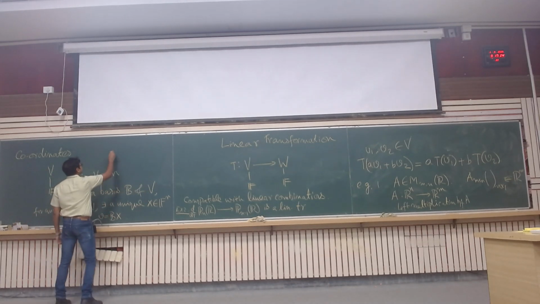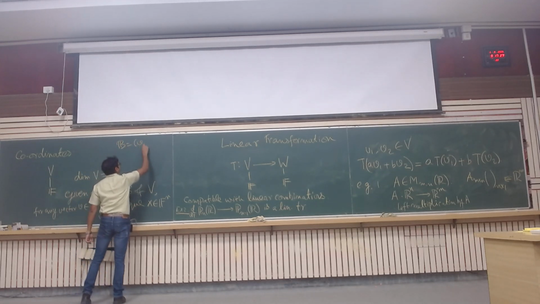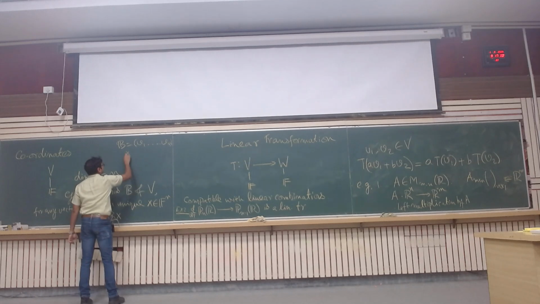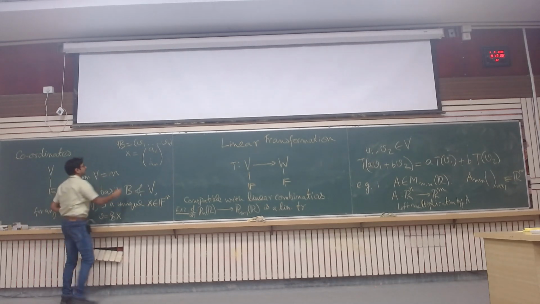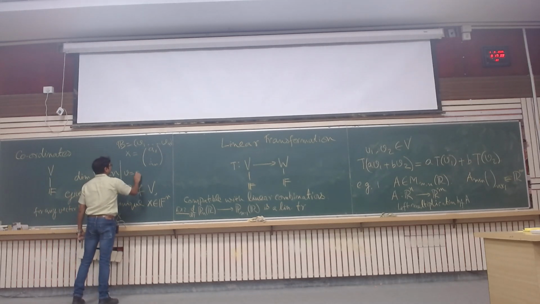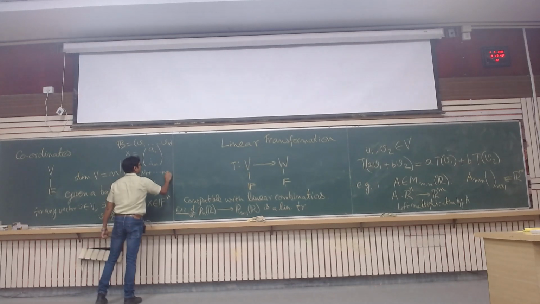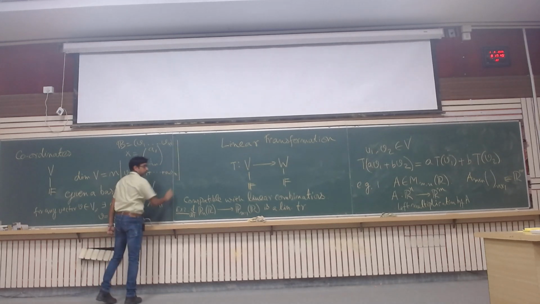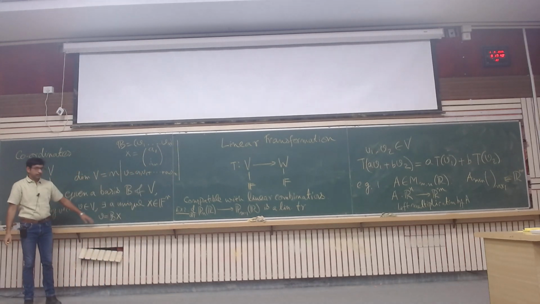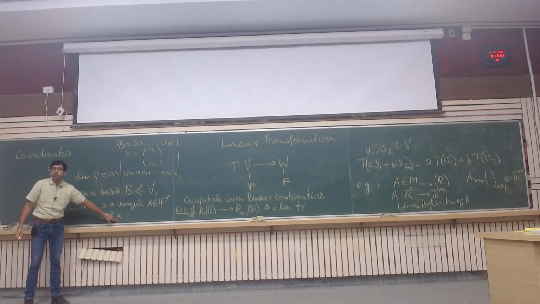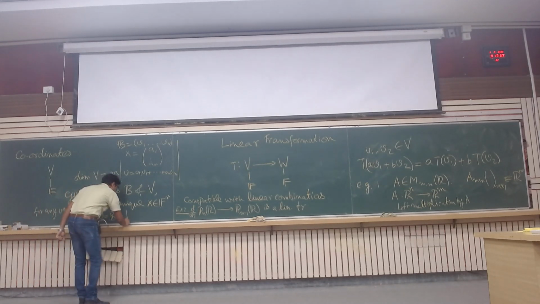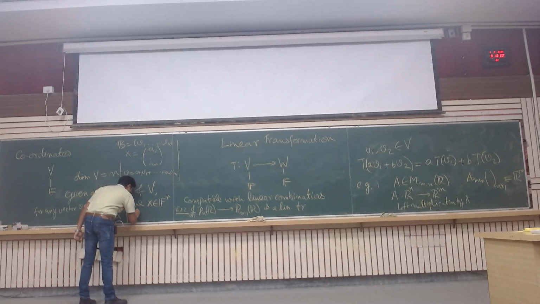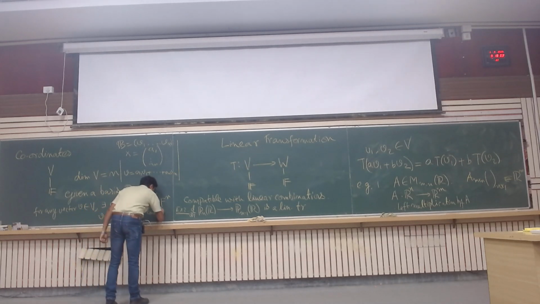So if you write B as v1 to vn and x as a1 to an, by this notation we are just meaning that v is equal to a1 v1 plus dot dot dot plus an vn. Only that. And this x would be called the coordinate vector, or the coordinates, of v.